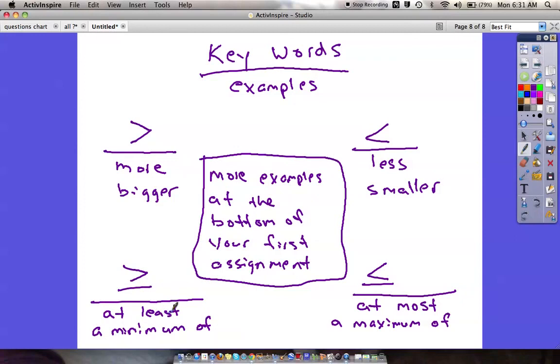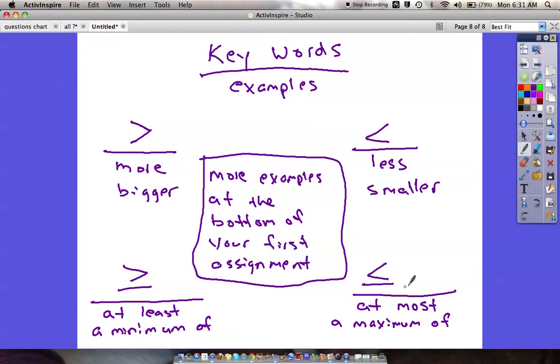One example, let's say Jimmy has at least 10 hamburgers. If Jimmy has at least 10 hamburgers, that means he has at least 10, and he could have more, so we want the greater than or equal to symbol. Over here, if we say that Jimmy has at most 10 hamburgers, or Jimmy has a maximum of 10 hamburgers, that means that 10 is the most, but we could count 10 and anything underneath it.